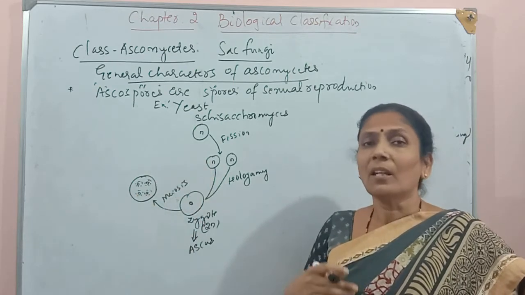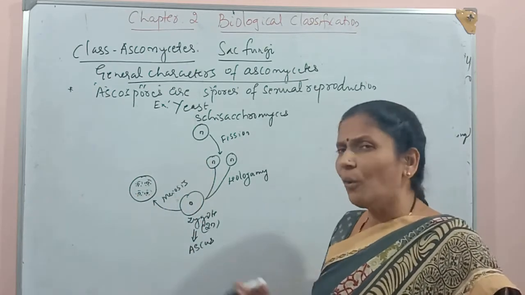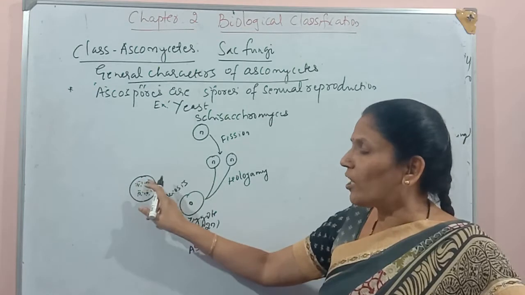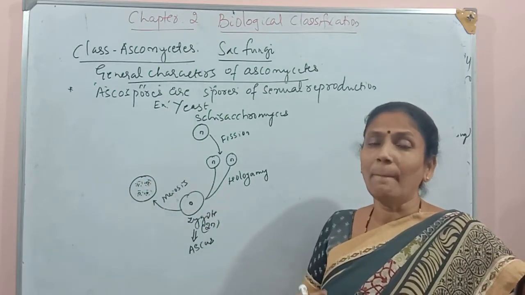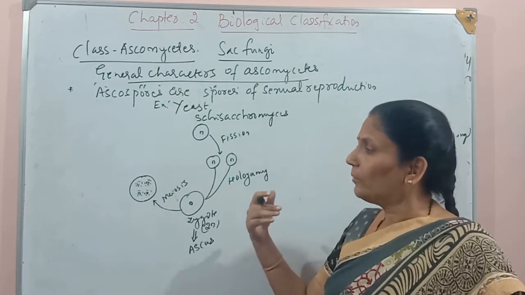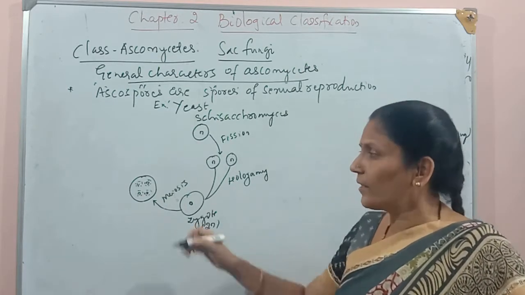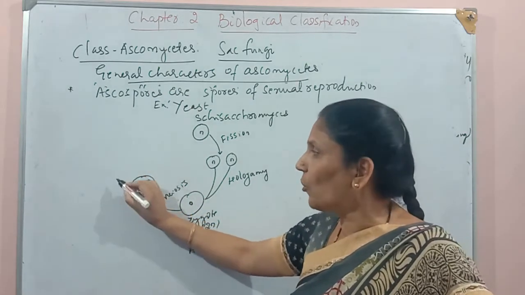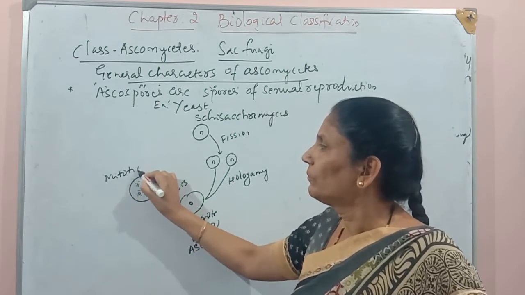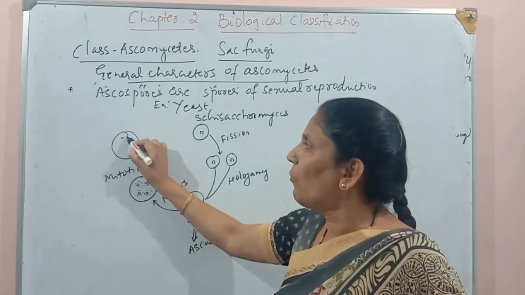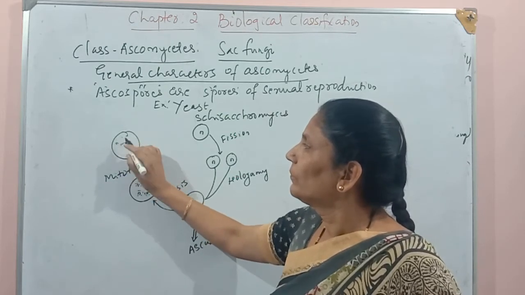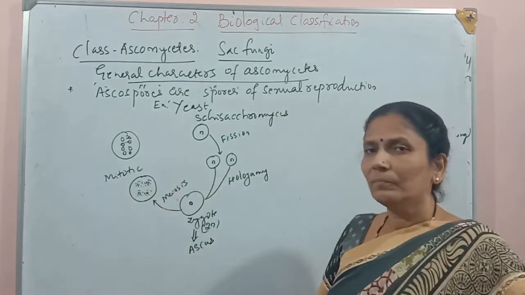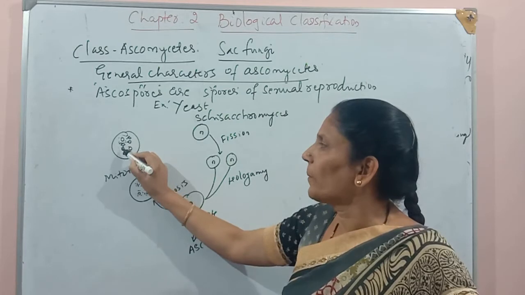But sometimes there are 8 ascospores. And how are these 8 ascospores forming? Soon after meiosis, these 4 ascospores enter mitotic division, and because of mitotic division following meiosis, 8 ascospores are formed, surrounded with cytoplasm.